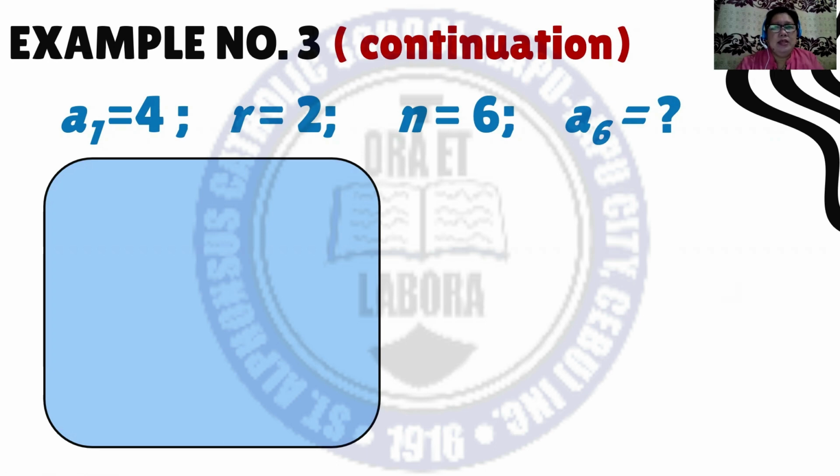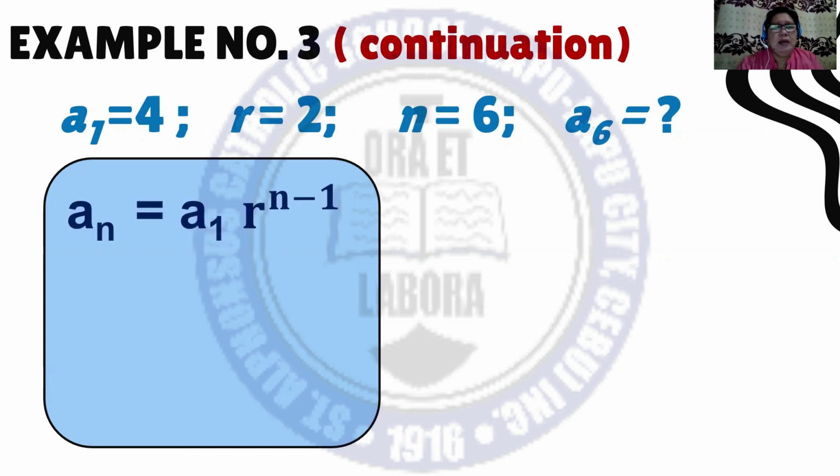Next, let's continue the solution of example number 3. A sub 1 is equal to 4, r is equal to 2, n is equal to 6, and the missing term is a sub 6.